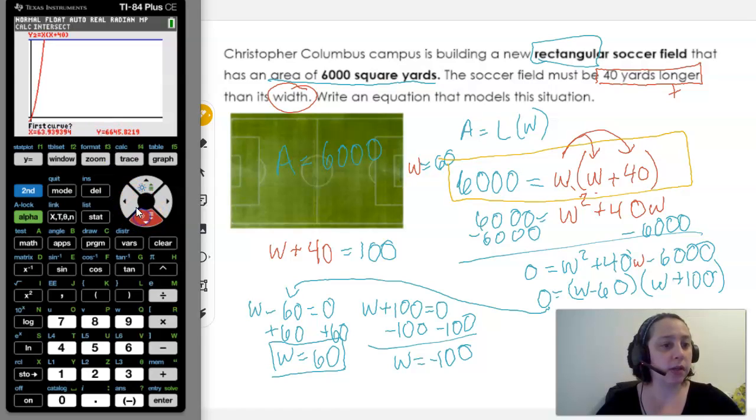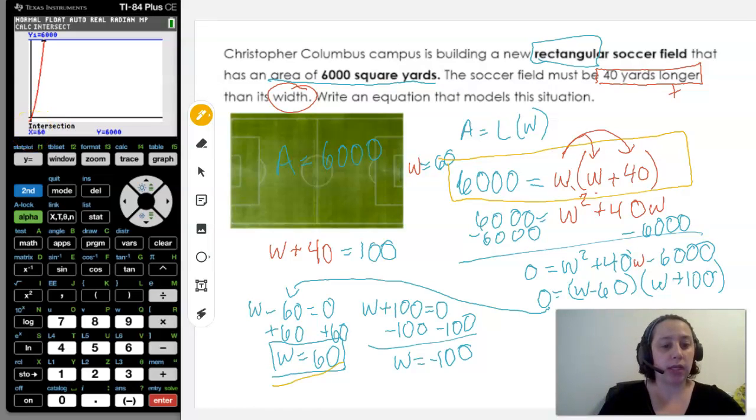Okay, so here is my intersection point right there, and I press enter 3 times and I get x equals 60. So that's the same way I got this width is 60, I have x is 60. And then again, you would plug that in for your W to find your length. I hope that helps.